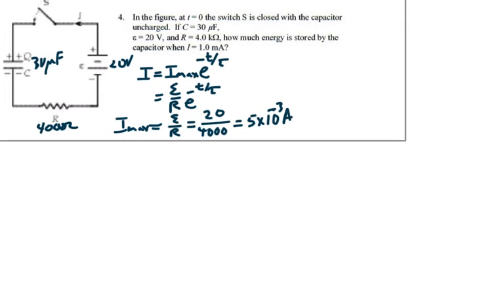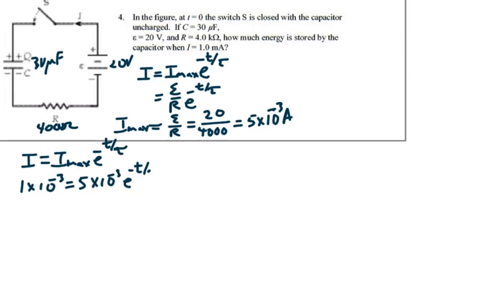So in general, since I is equal to our maximum current, e to the negative t over tau, then when the current is equal to 1 milliamp, we have 1 times 10 to the minus 3 is equal to 5 milliamps, e to the negative t over tau.